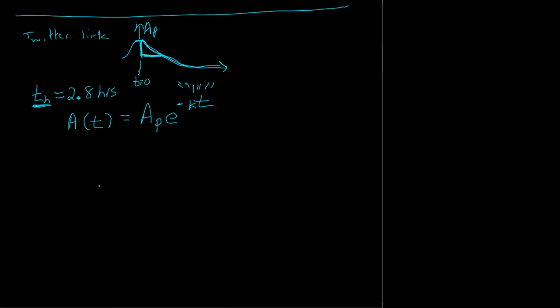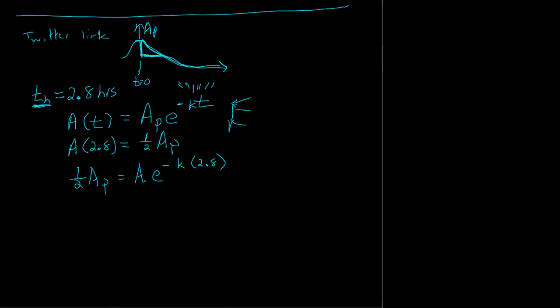Well, we know that at 2.8 hours, A is equal to 1/2 of the peak amount. So I can take this value and this value and plug it into our model. This is our model. We don't have our constant for our model yet, but we'll find it. So 1/2 A peak equals A peak e to the negative k times 2.8.